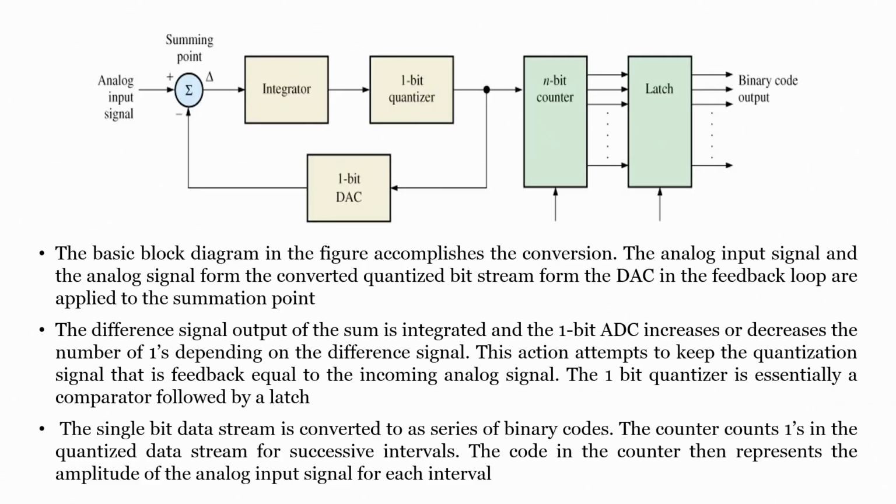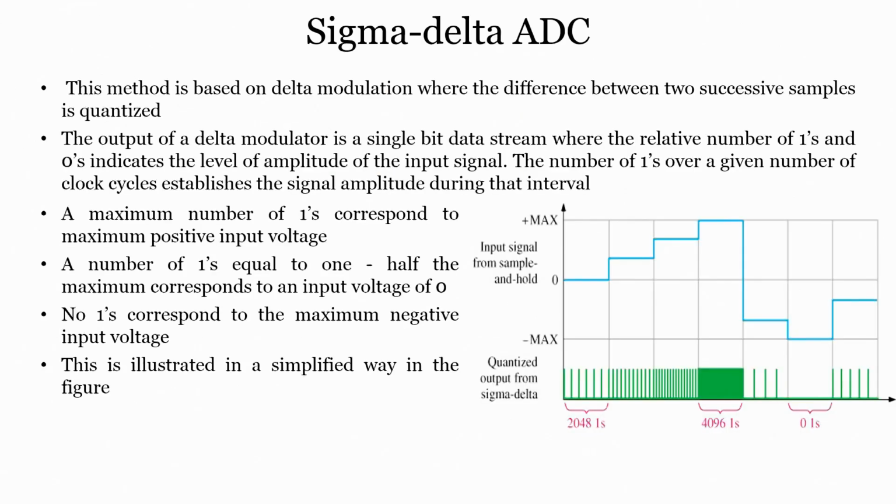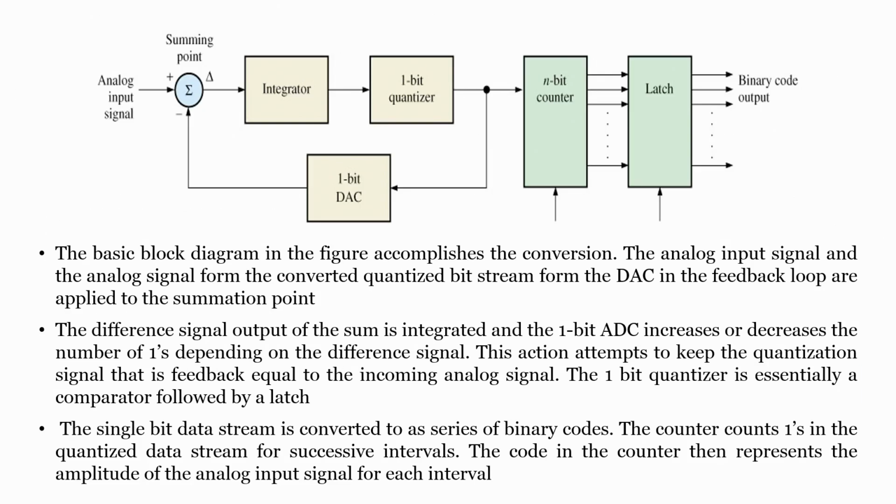So, if you see this particular ADC, which is our Sigma-Delta ADC, this is the block diagram where you have the integrator, a quantizer, n bit counter, and latch, and the output of the 1 bit quantizer is fed back to the 1 bit DAC, which is sent to the summing point. The summing point will look at the signal sent by the 1 bit DAC and the analog input signal, and the error is fed to the integrator.